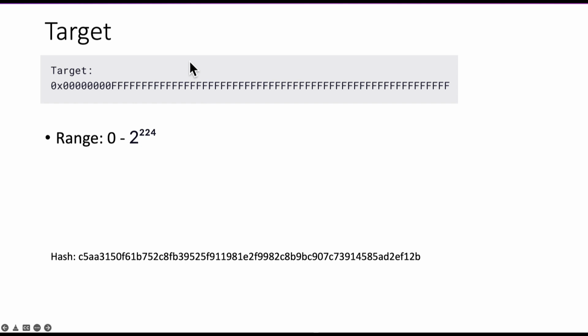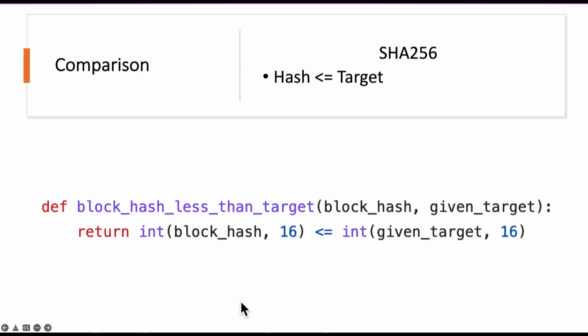So this is the target value, and this target value ranges from 0 to 2 to the power of 224. It could be any number in this range, and the target value shown here is the maximum possible target, and this is what the hash looks like.